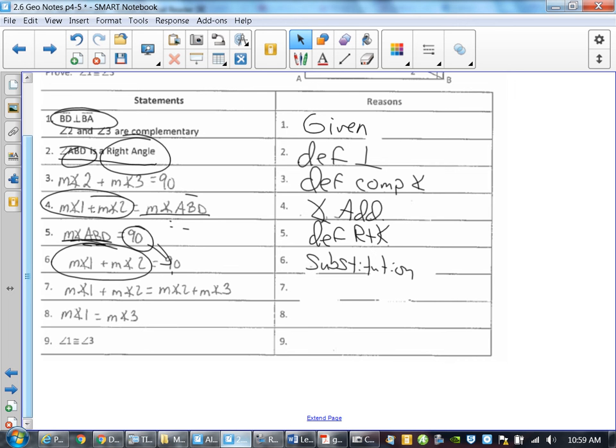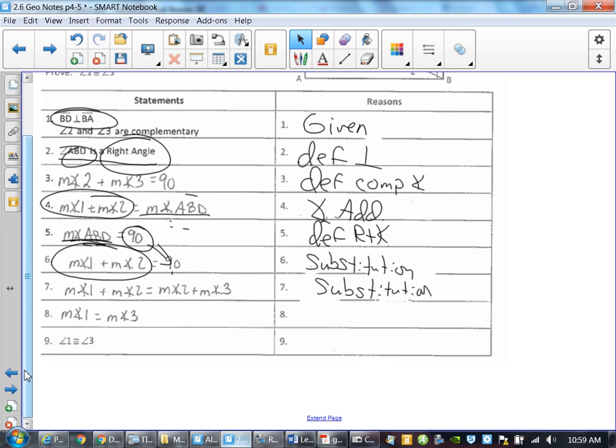So what else in this whole statement side is equal to 90 degrees? Angle 2 and angle 3. So anywhere I see 90 degrees, I can replace it with angle 2 and angle 3 by using substitution. Substitution again. What happened between the next step?